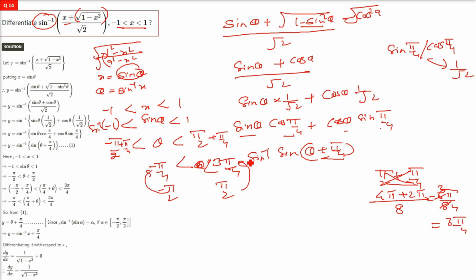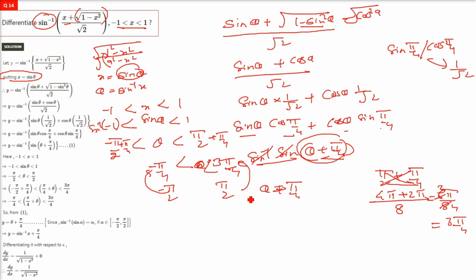So we have to deal with theta plus pi by 4 without worrying about anything. This is the limit, we are inside that, so we don't have to be concerned about it. So now theta plus pi by 4 is between negative pi by 4 and 3 pi by 4, which is acceptable.